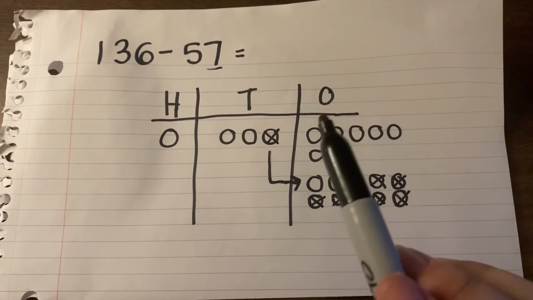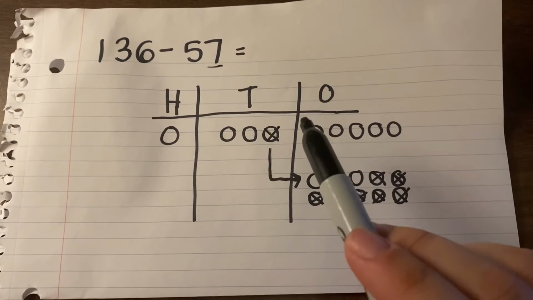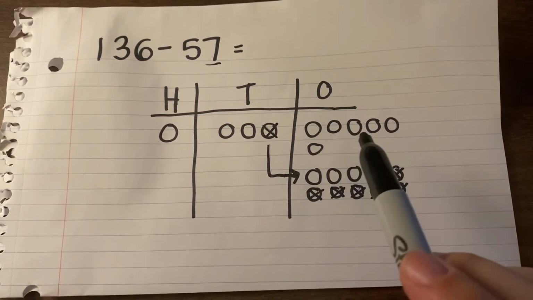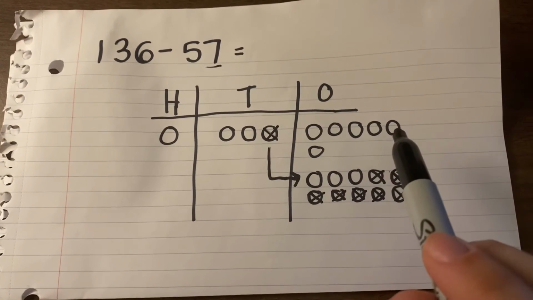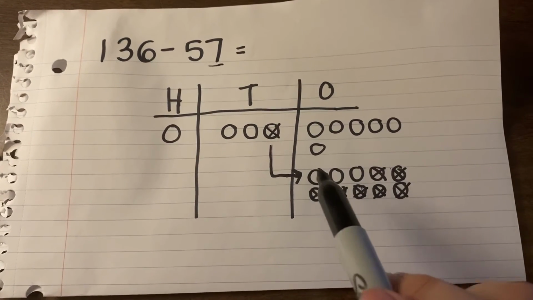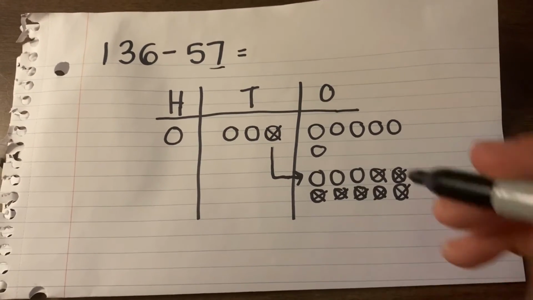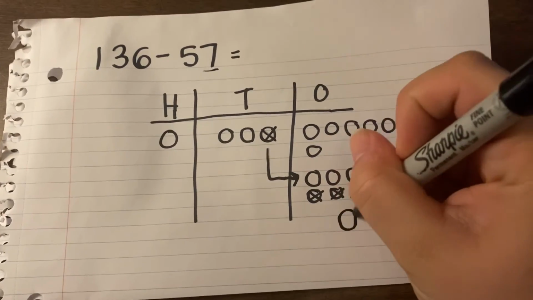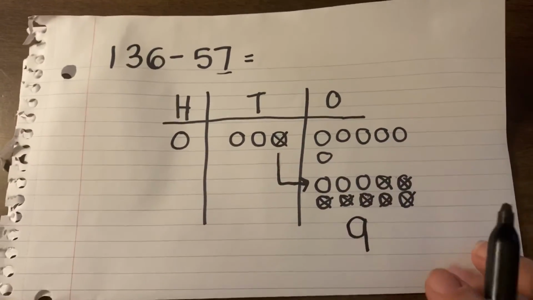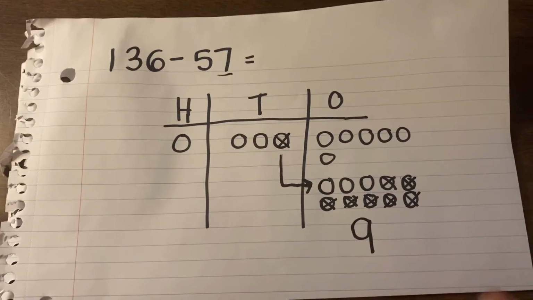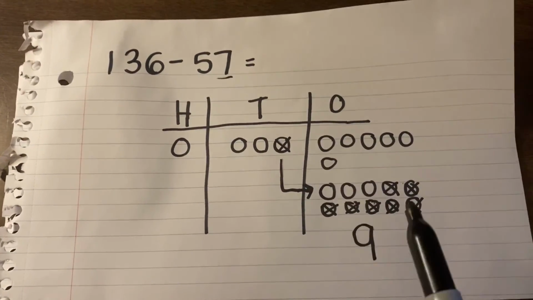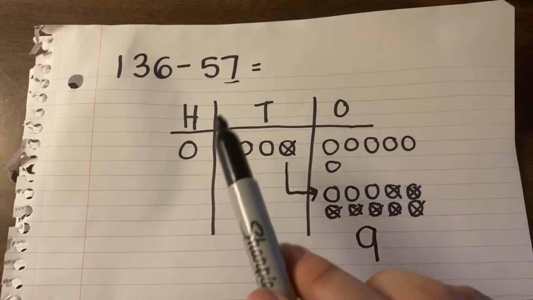All right, let's see how many ones we were left with. 1, 2, 3, 4, 5, 6, 7, 8, 9. We were left with 9 ones. All right, I've solved our ones place. Now I can move on to solving the tens place.